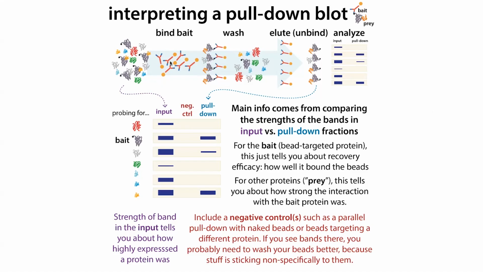I should also mention that you often see people load a diluted version of the input, because the signal would be way too high and would drown out some of the other signals.